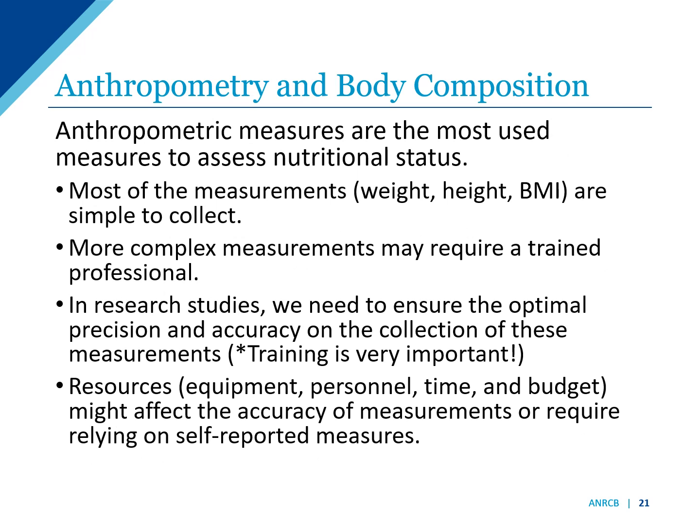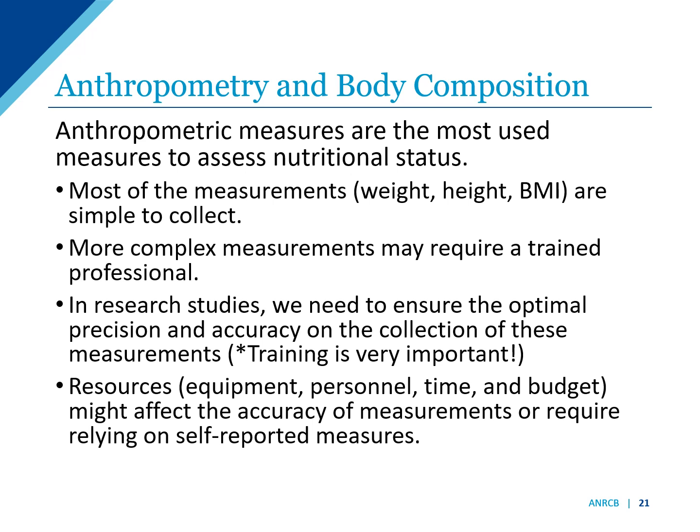Anthropometric measures are the most used measures to assess nutritional status. So the classic measurements, weight, height, BMI, are more simple to collect than other variables. And more complex measurements may require training or a trained professional. But in research studies, we need to make sure that there's an optimal precision and accuracy on the collection of these measurements.